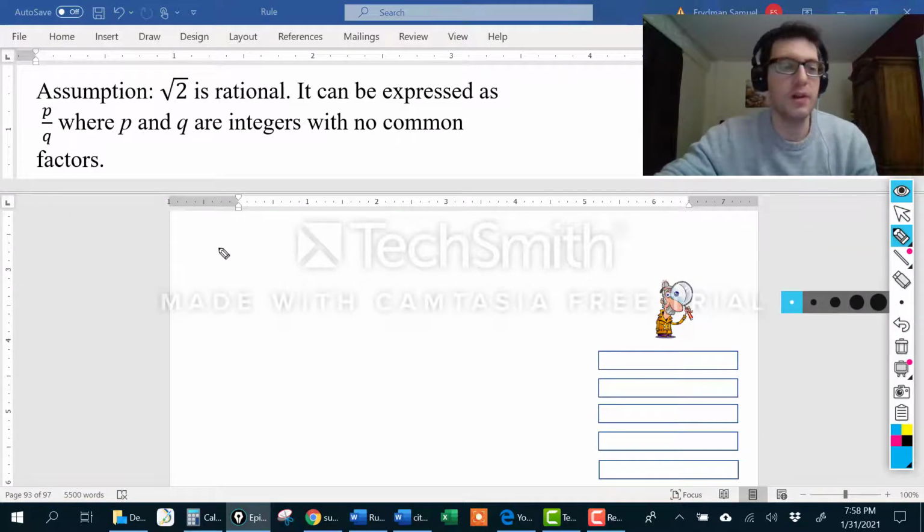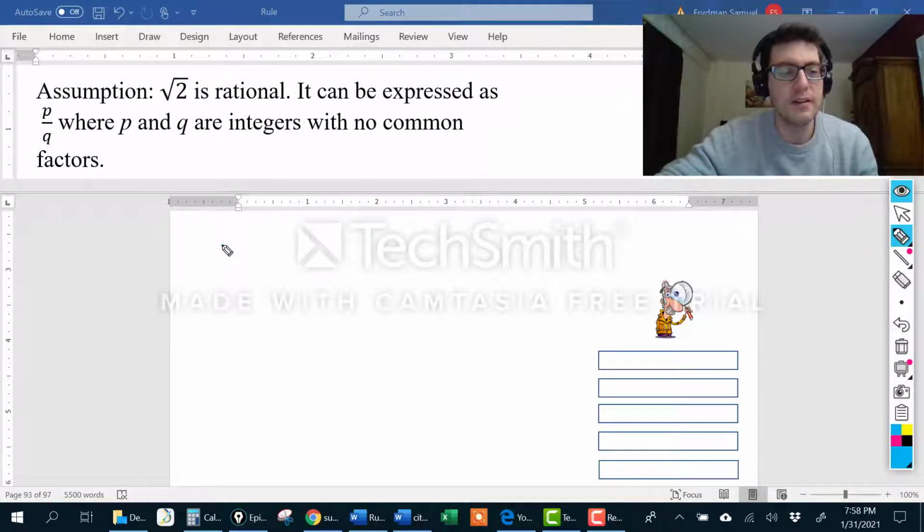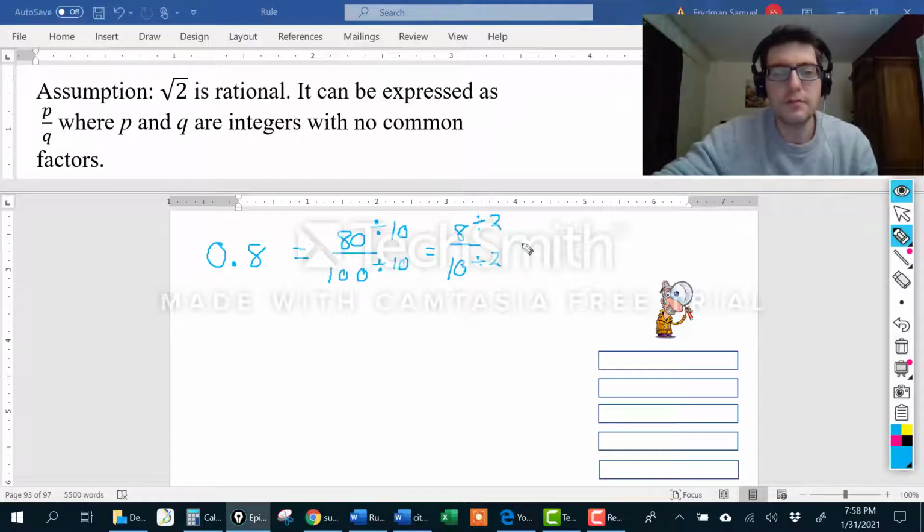So, for example, if I had 0.8, I could write that as 80 over 100, but then I could find a common factor between 80 and 100, which is 10, and I could rewrite this as 8 over 10. But then I could find another common factor between 8 and 10, which is 2, and I could rewrite this again as 4 over 5, and I can just keep doing that.